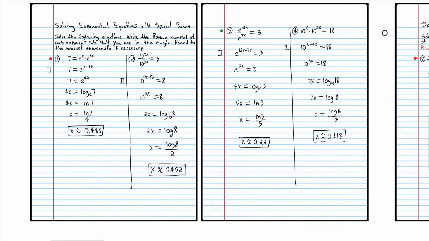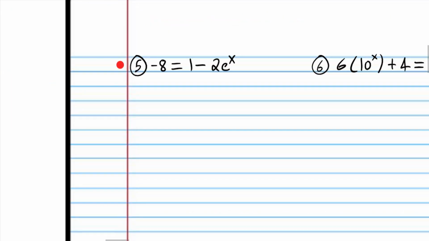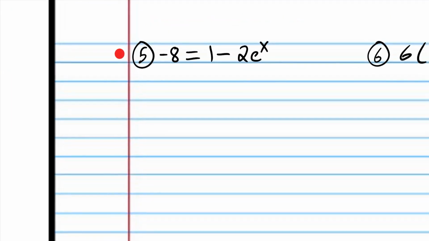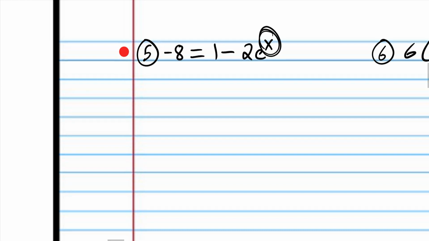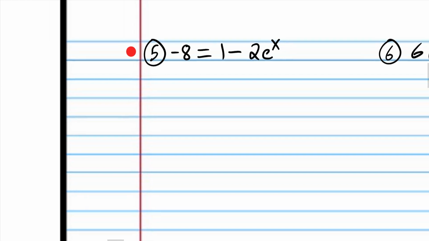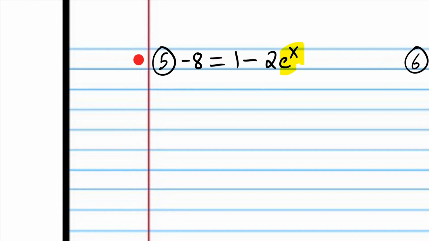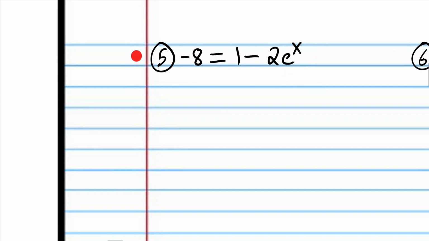Okay, so now we're going to go on to a different type of exponential equation. It's still an exponential equation because we have a variable in the exponent, but these are just slightly different. All we have to do here really is just isolate e to the x, which is the same thing we did in the previous problems, but it didn't really require the typical algebra that we do.